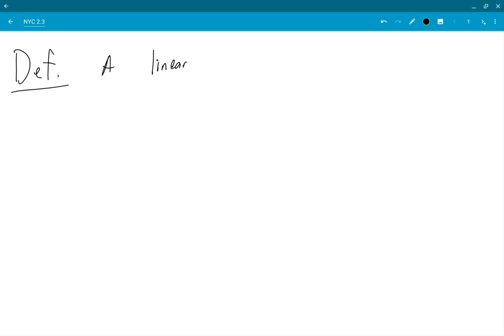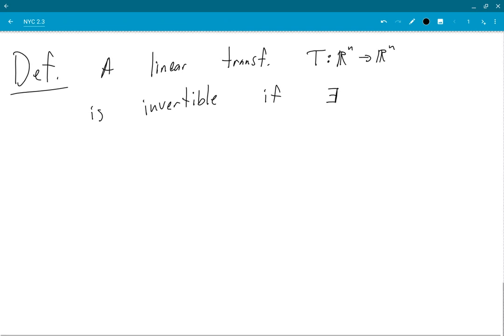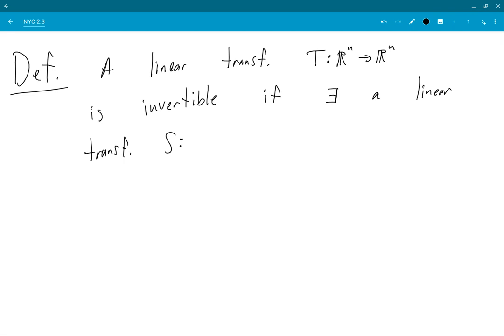So a linear transformation T from Rn to Rn is invertible if there exists a linear transformation S from Rn to Rn that reverses T.